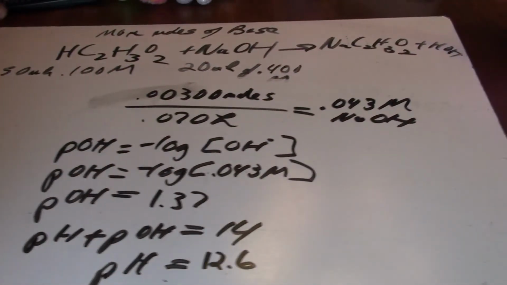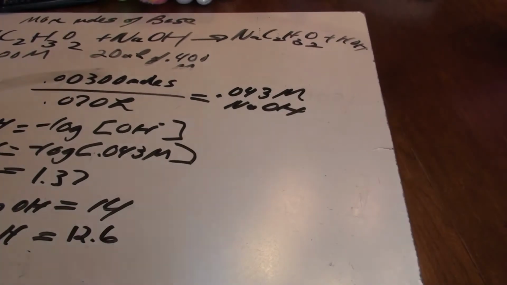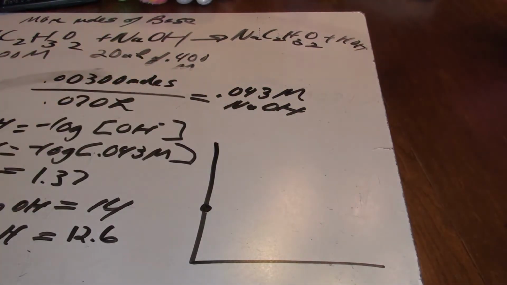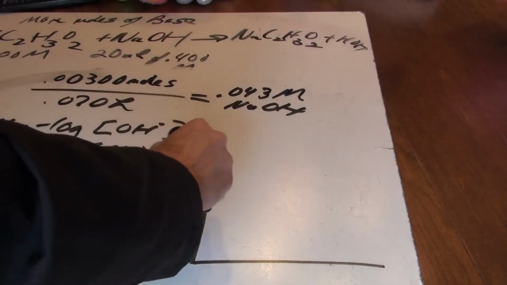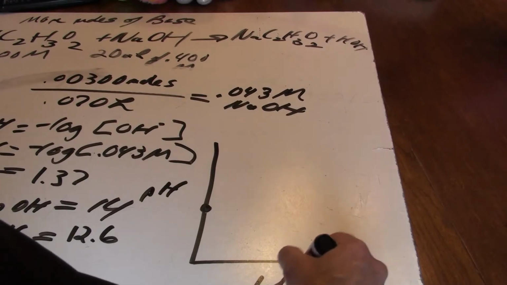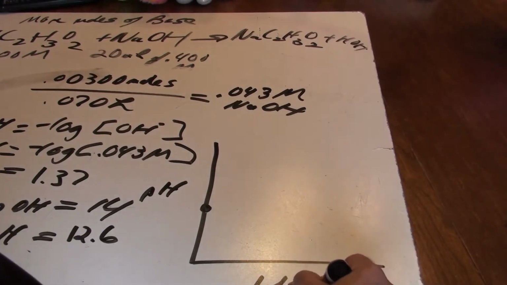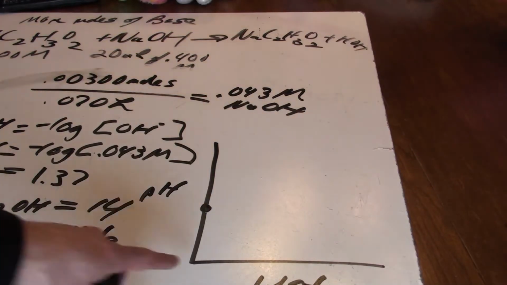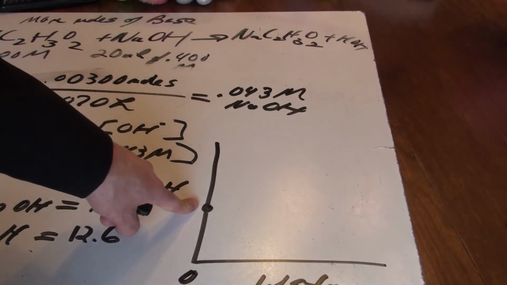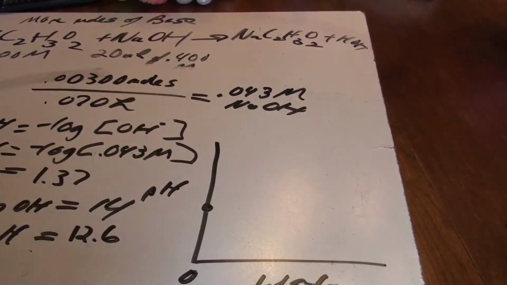Okay? So these problems are difficult because you need to know what region of the curve you're on when you're dealing with a weak acid and a strong base. Like I said, if you just have acid, you're at that point on your pH scale. On the x-axis, you've got volume of strong base added. When you haven't added any base, you are at that point and you do an ICE table for figuring out the pH.